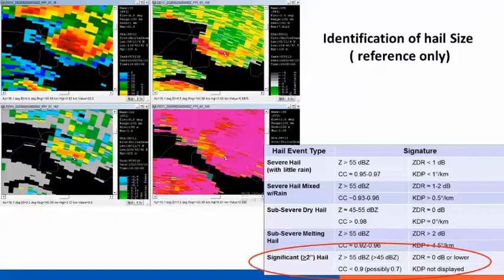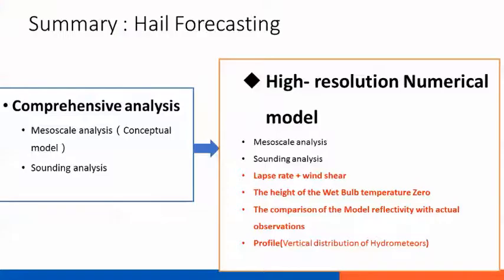So we see this is at 14 o'clock on this day. We see the KDP here, a very small area is not displayed, and so we can use these observations to identify the significant hail.